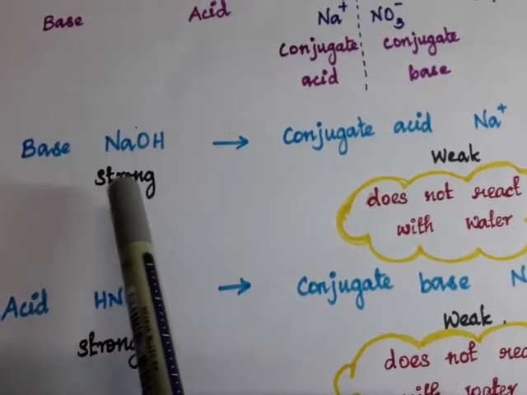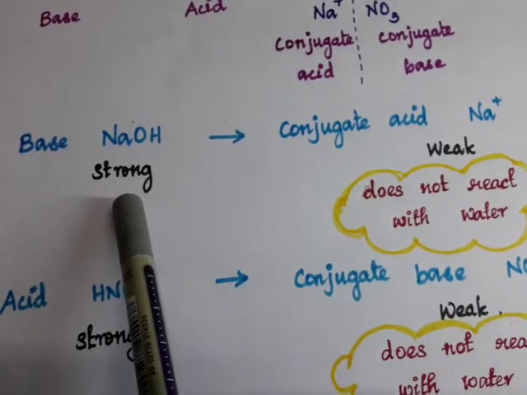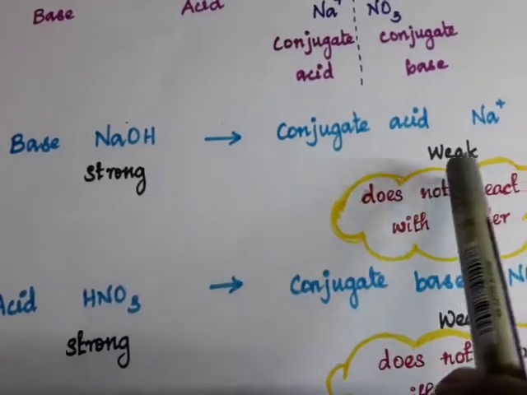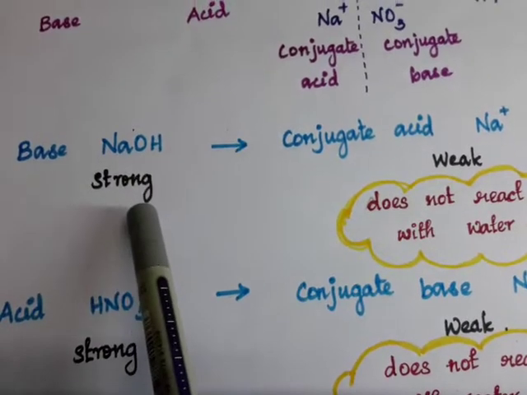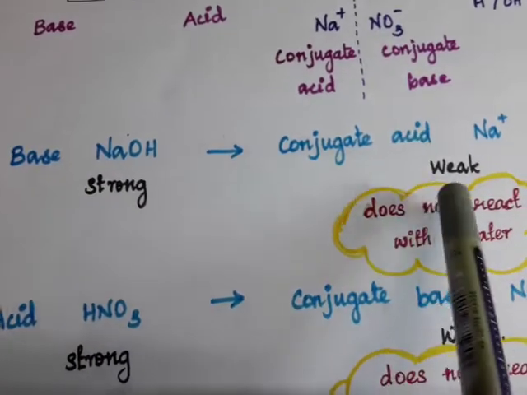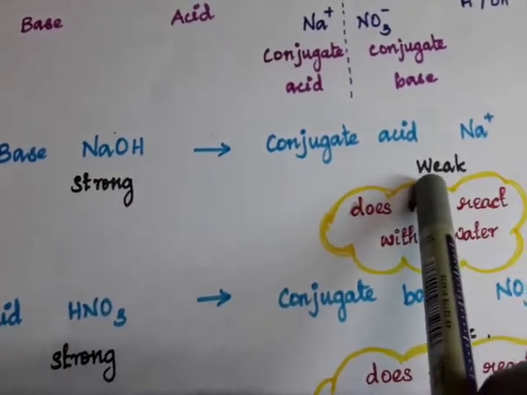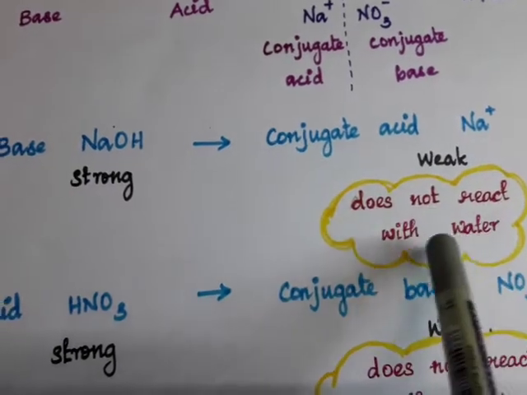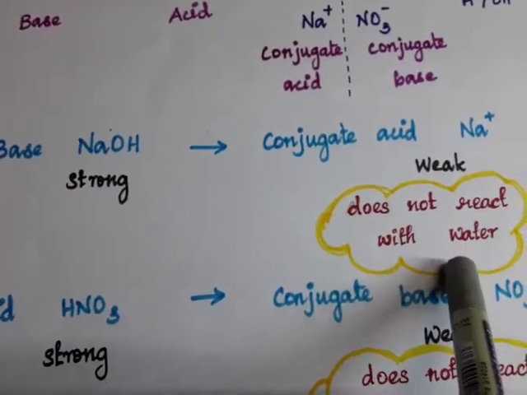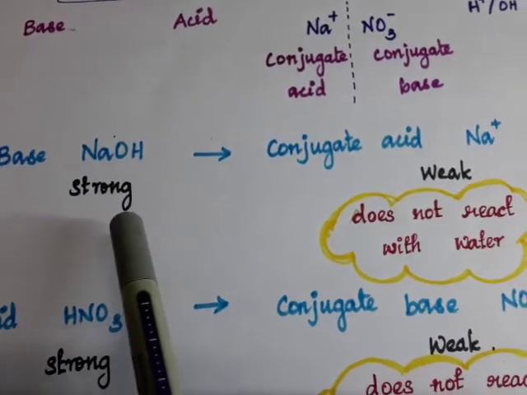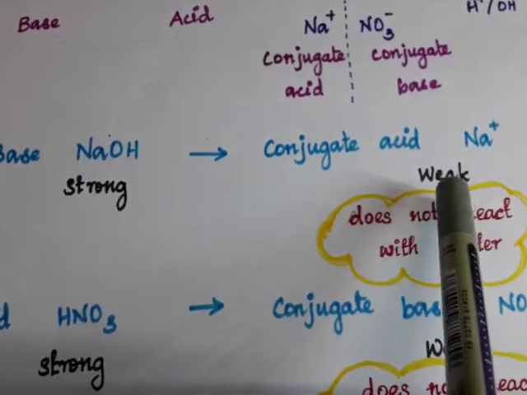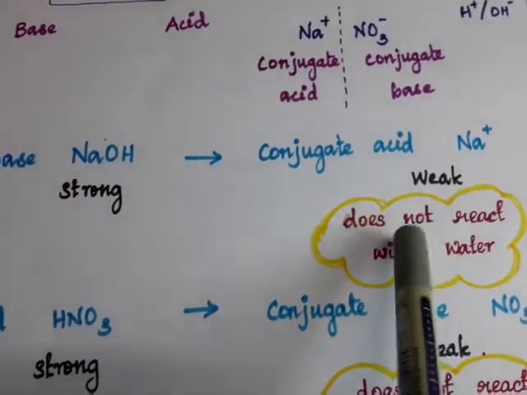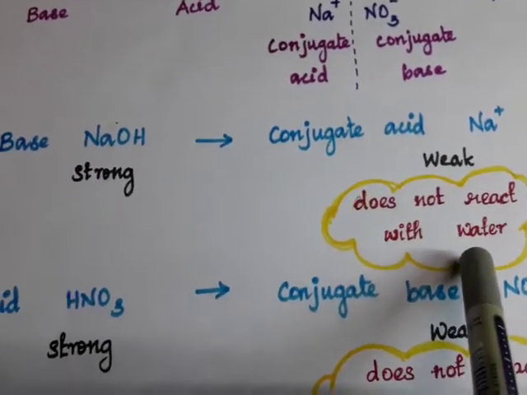So if the base is strong, then the conjugate acid will be weak. I told you that concept is opposite, right? If the base is strong, then the conjugate acid will be weak. If it is weak, it does not react with water.